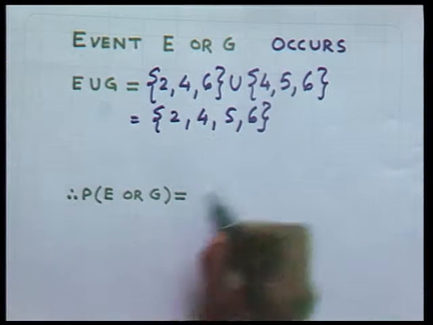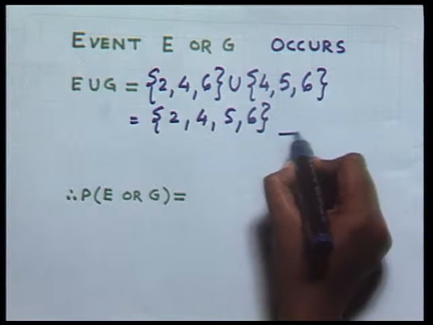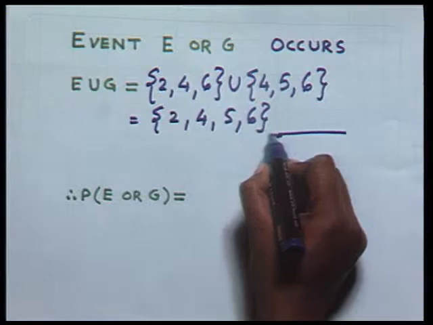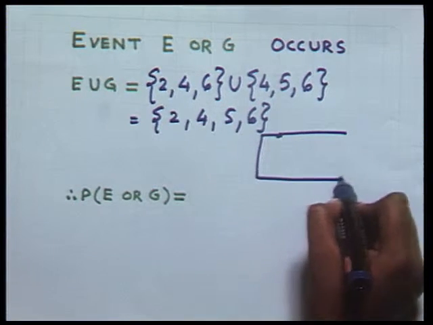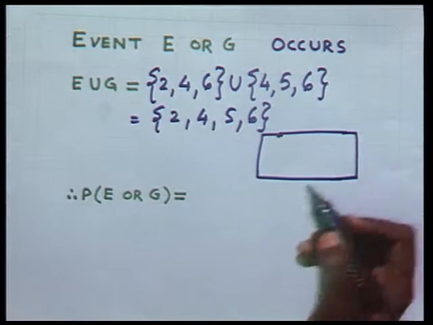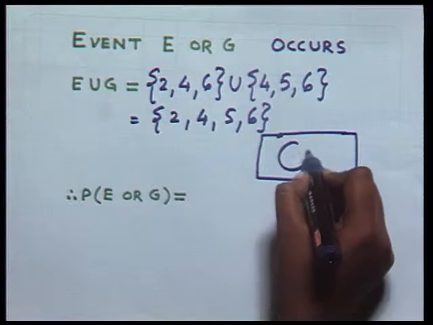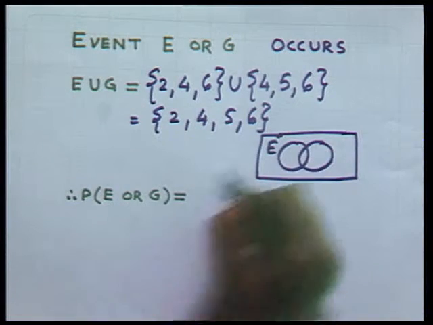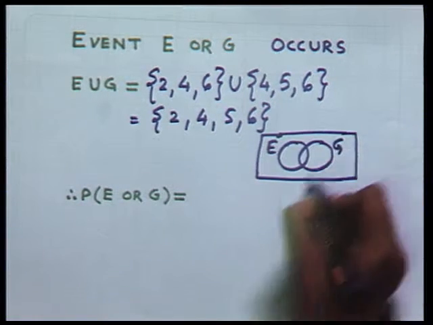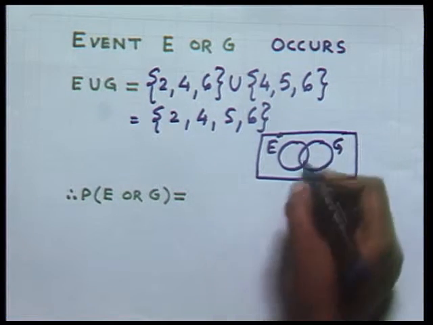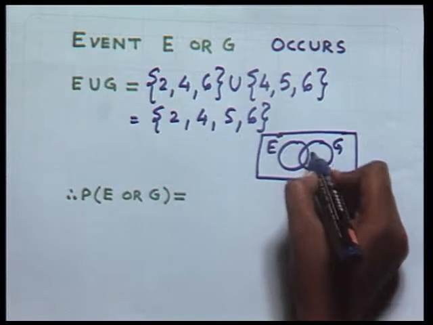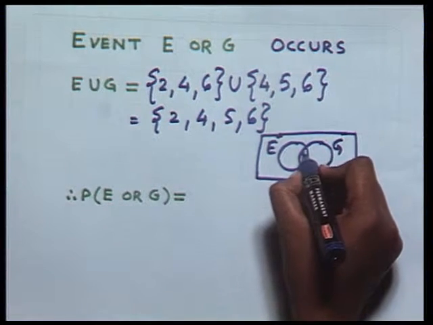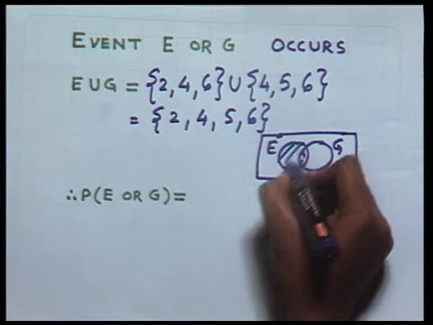Again, by Venn diagram we can show the set E union G as, if this is the sample space, then this is the set E, this is the set G, and since both these sets have 2 elements common, I can write 4 and 6 here.